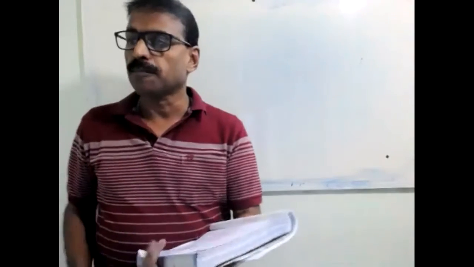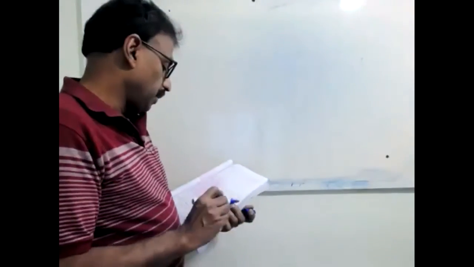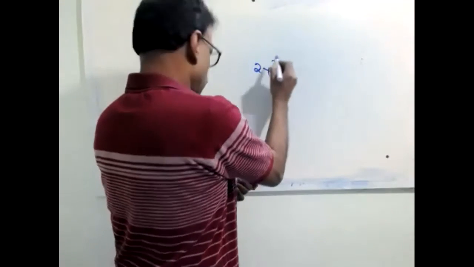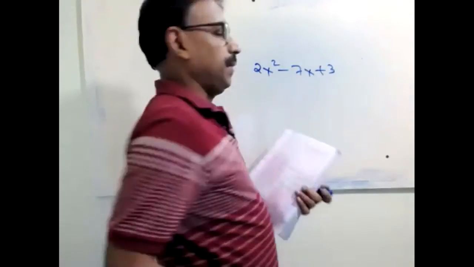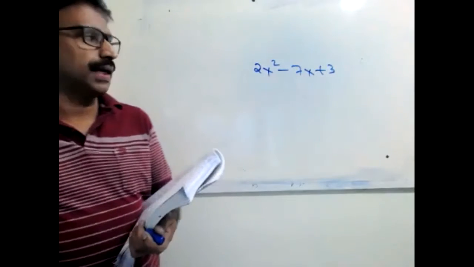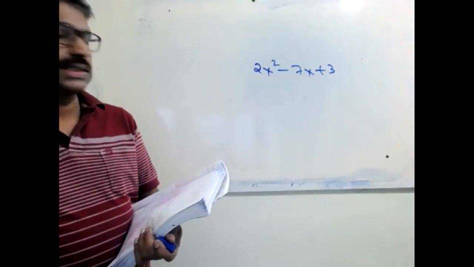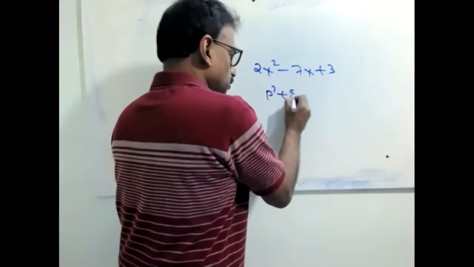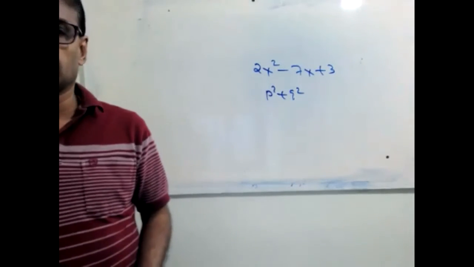Okay, write the question. If P and Q are the zeros of the polynomial 2x square minus 7x plus 3, find P square plus Q square.